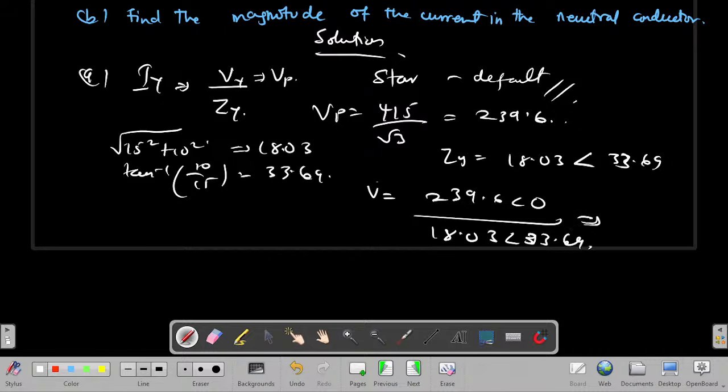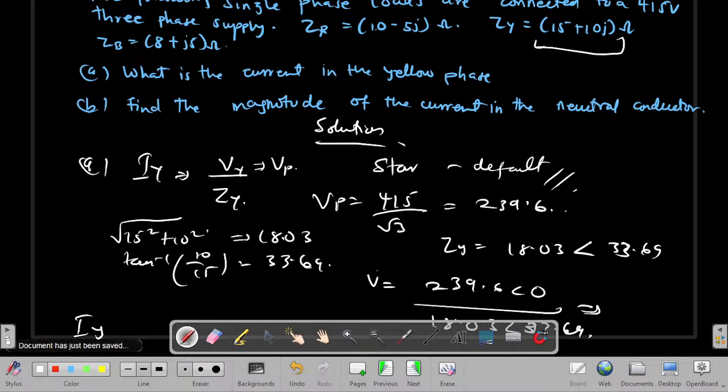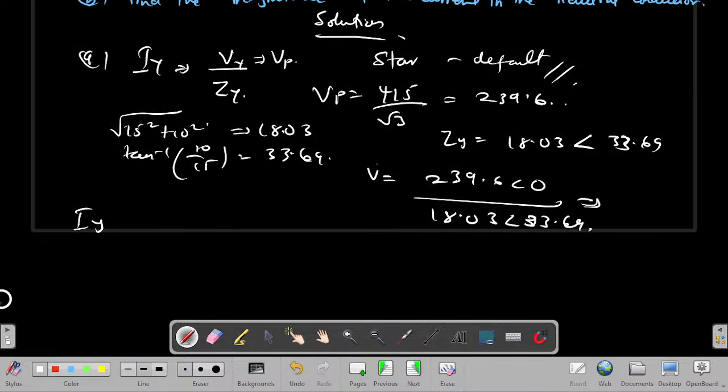What are you getting? That is 13.3. Therefore, my current across the yellow phase is simply 13.3 angle 0 minus this, because you are dealing with polar form, you get negative 33.69 degrees.